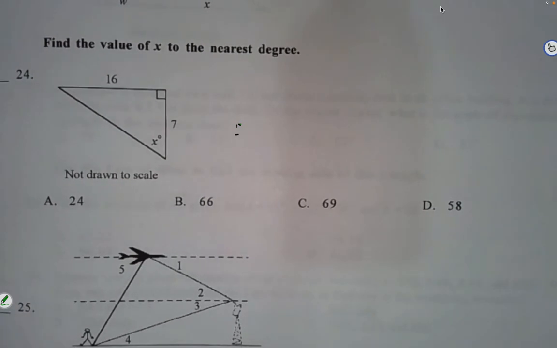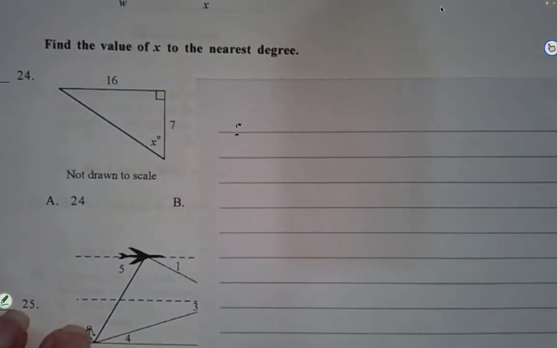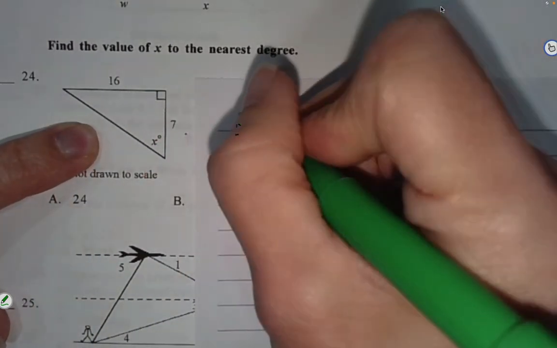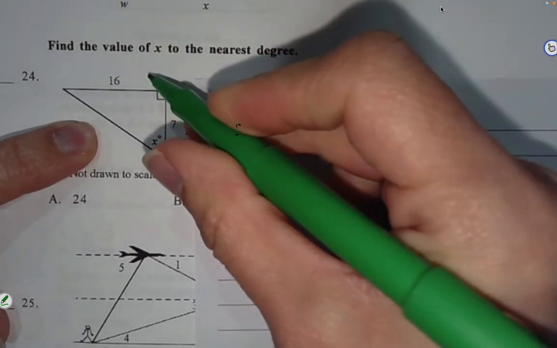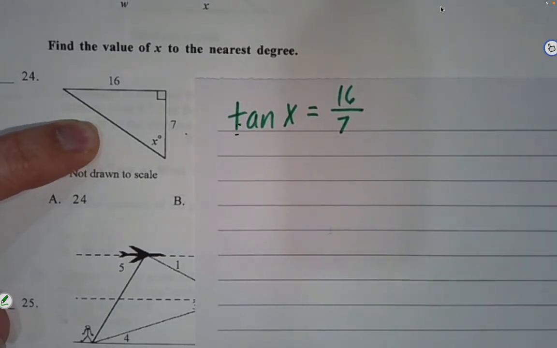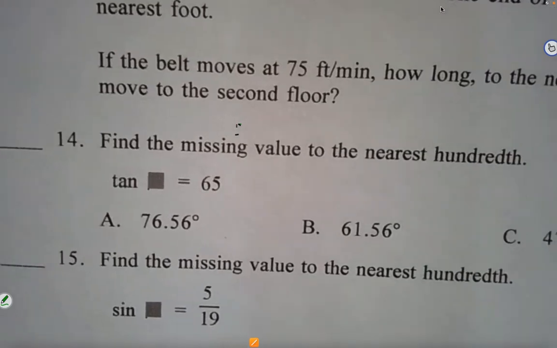All right, so on number 24, let me get this piece of paper. It's tangent because of opposite and adjacent. So I would say the tangent of x equals opposite, which is 16, over adjacent, which is 7. And if you think about it, this looks exactly like the ones on number 14 and 15 that were so easy.